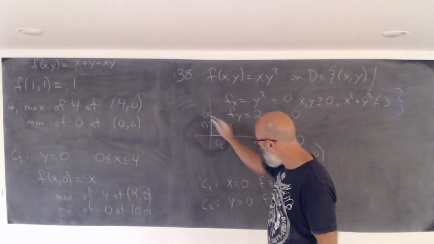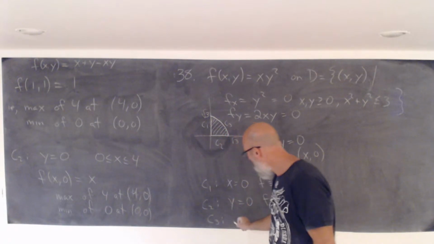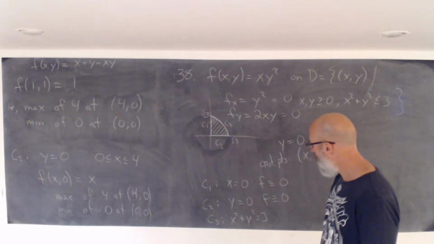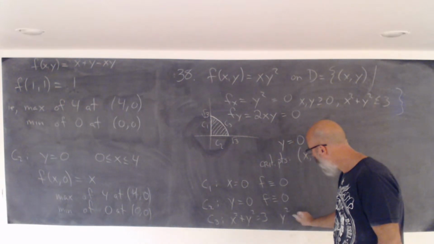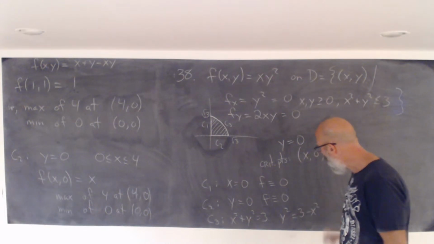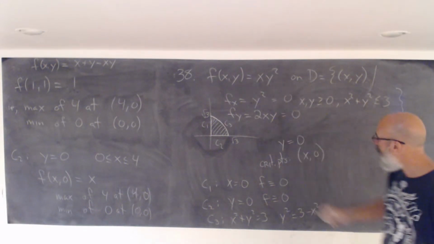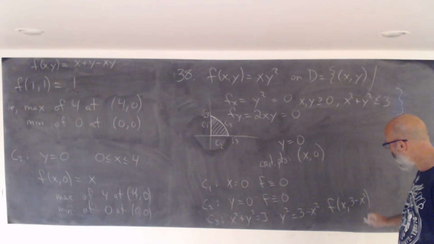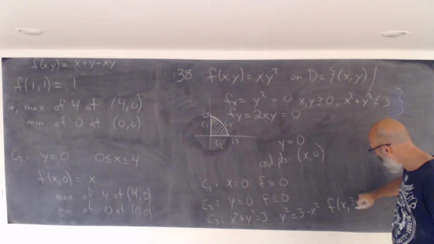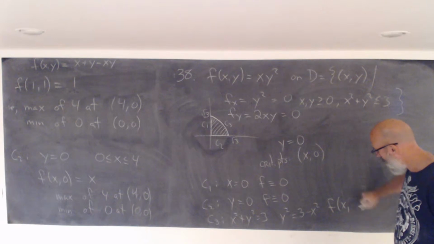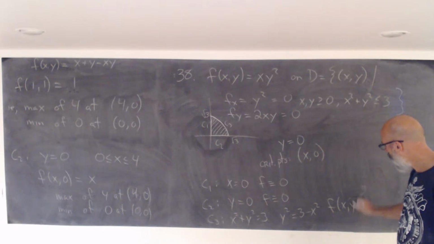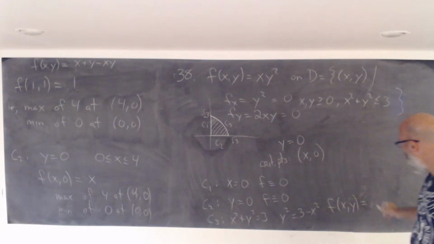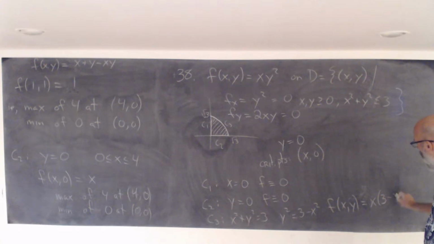And on C3, that's part of the circle x squared plus y squared is equal to 3. Or y squared is equal to 3 minus x squared. So if y squared is this, you get x times 3 minus x squared.